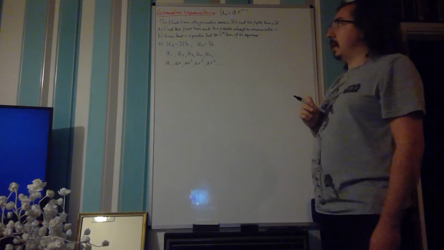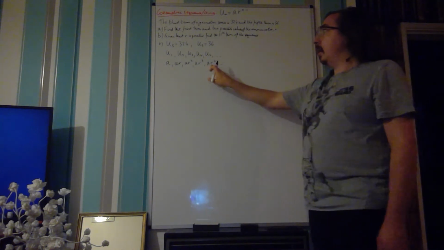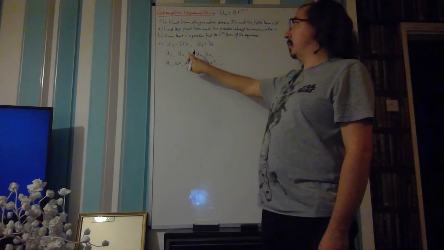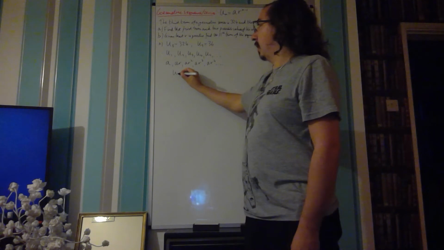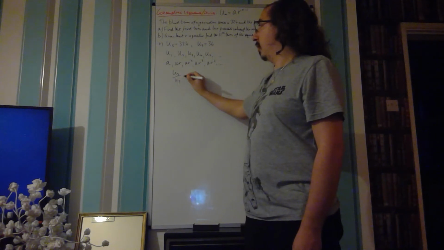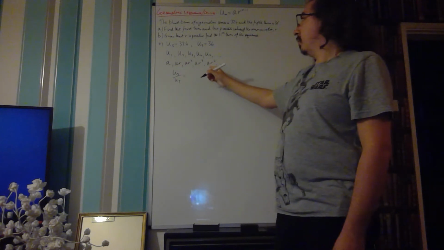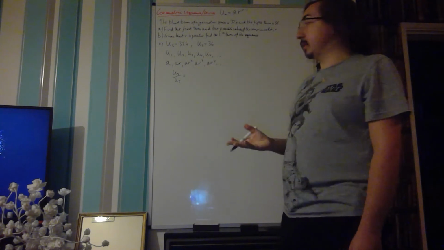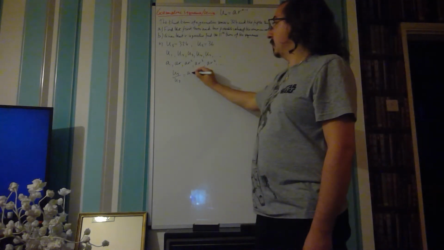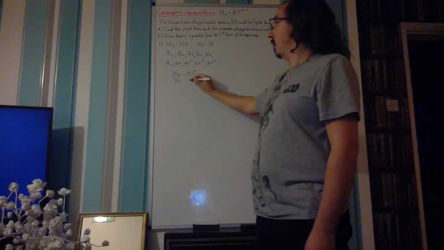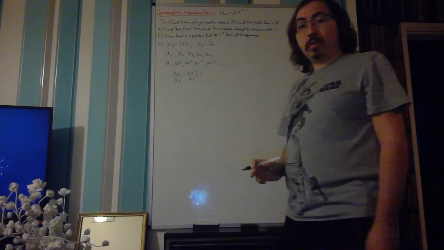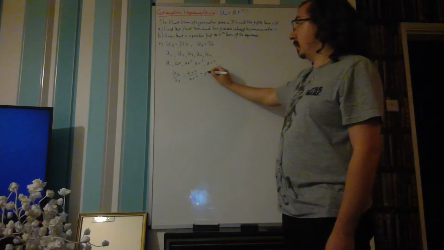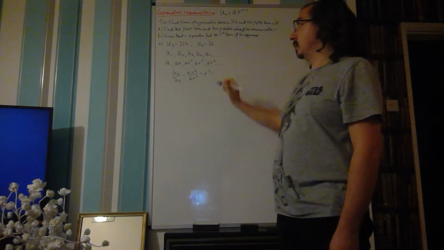So we can use this to help us. If we have the fifth term and the third term, we can have ourselves a ratio there. If we have u5 over u3, in terms of A's and R's, that represents AR to the 4 over AR squared, which simplifies down to R squared.